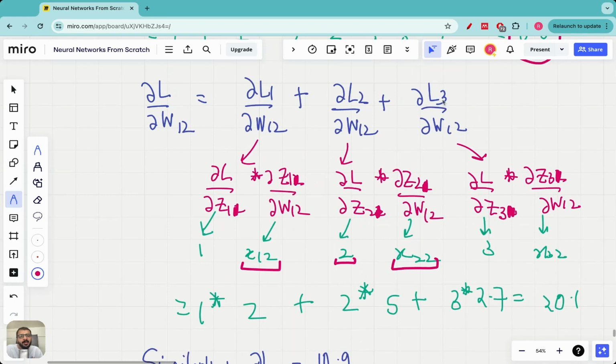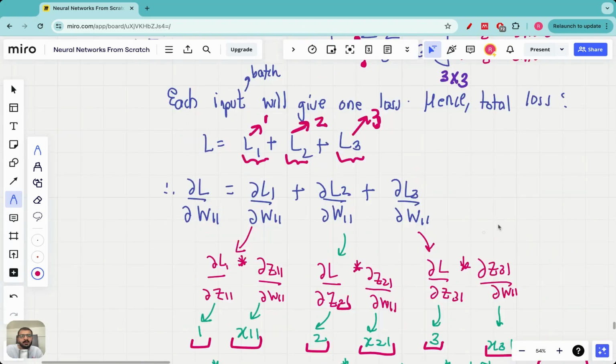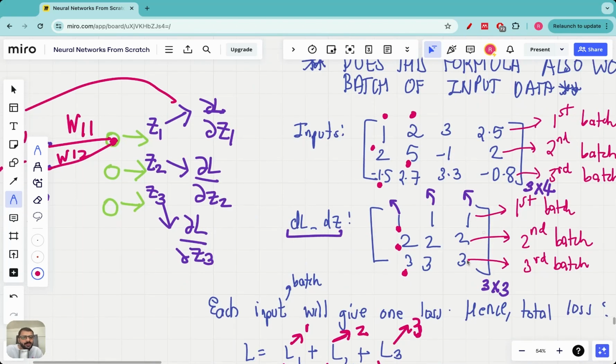The partial derivative of the third loss with respect to W12 will be the partial derivative of the loss with respect to Z31 multiplied by the partial derivative of Z31 with respect to W12. The partial derivative of loss with respect to Z31 is 3, because we are looking at the third batch and the first neuron.